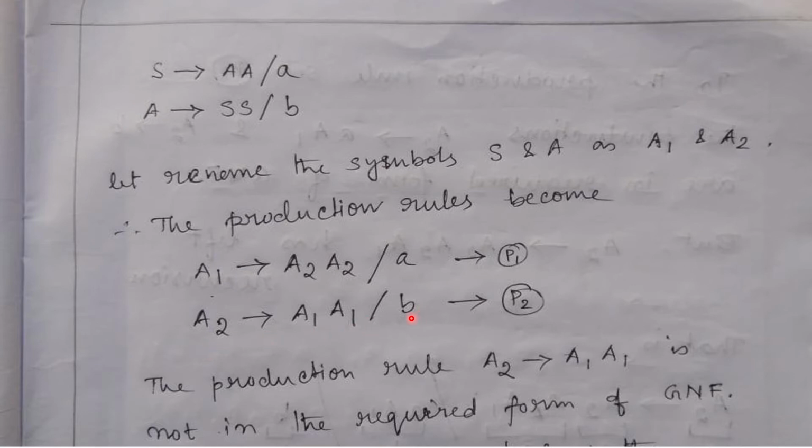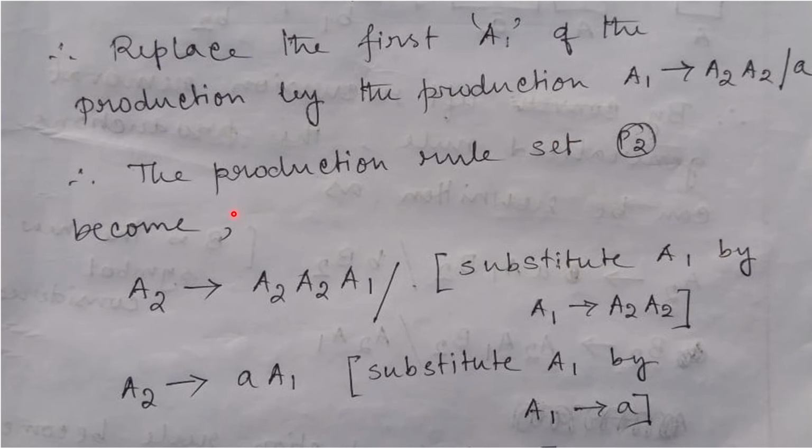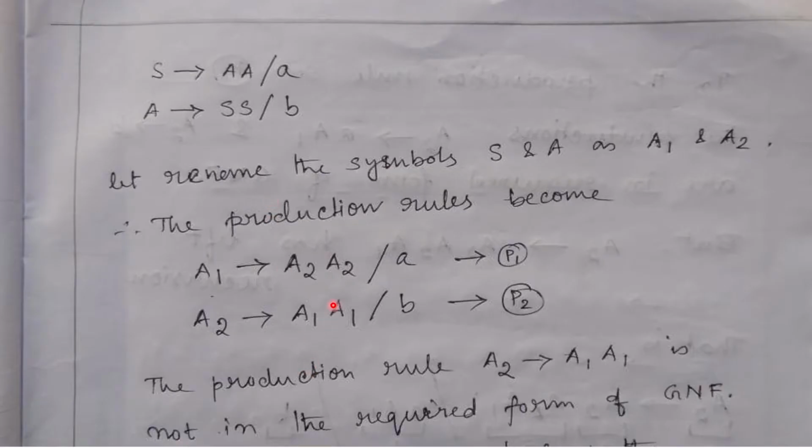Now you see, this production rule A1 to A2A2 is already following the GNF rule because this is i and this is j, where i is lesser than j. But the second production rule is not following, that is A2 to A1A1. So somehow we have to replace this A1, so that at least A2 or some new symbol greater than A2 can come.